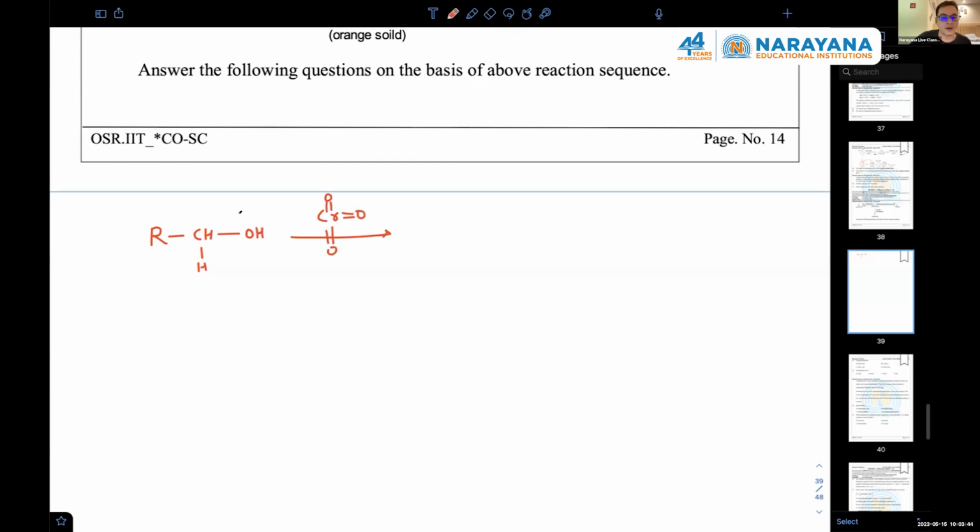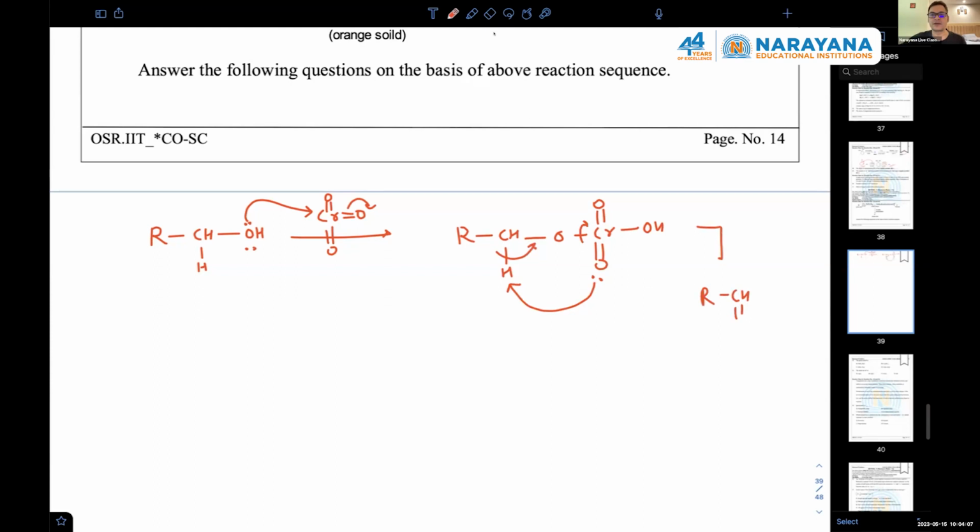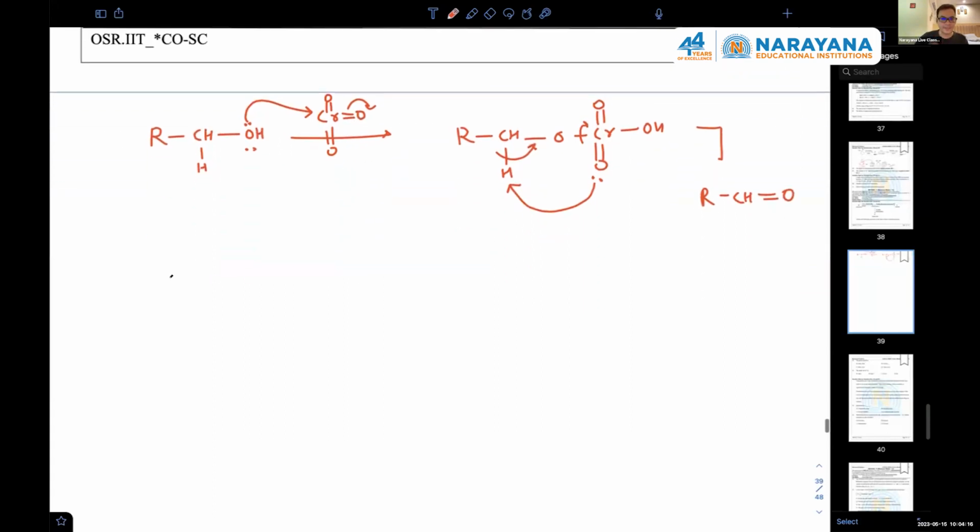How does the reaction proceed? The alcohol attacks this and we get a compound like this, O-Cr double bond O, pi bond shifted, OH and double bond O. This O gives back to H, releasing electrons, this will shift and we simply get the aldehyde. So in this way, alcohol is oxidized to aldehyde. Did you get this basic mechanism idea?